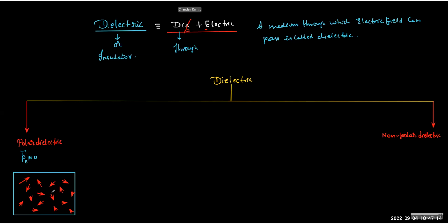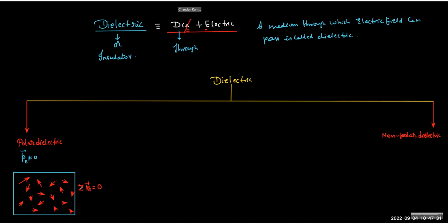Although individually they are not zero, if you add all the values, the medium as a whole will exhibit zero dipole moment, because the random orientations cancel each other out, and because the numbers are infinite.